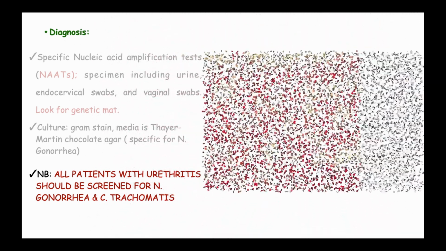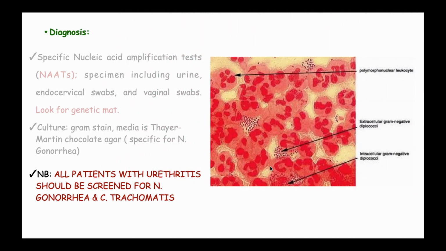Now, if you look at the diagram over here, this is a photo showing the neutrophils which have the Neisseria gonorrhoeae inside them, and as you can see, it is diplococci. And so over here we have the polymorphonuclear leukocytes.